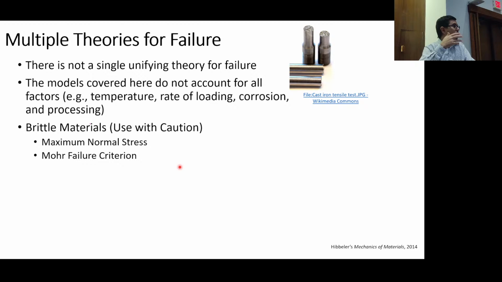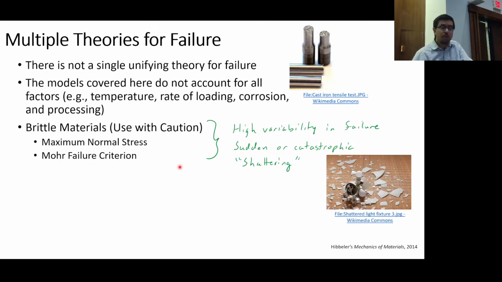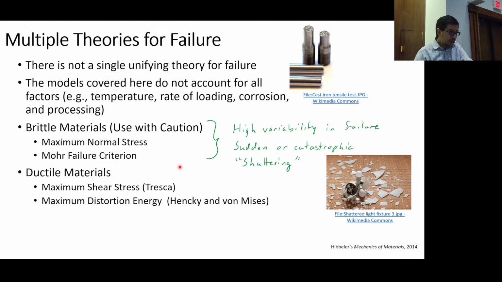So for brittle materials we have criteria, but we should be careful with them. There is much variability, and the resulting behavior can be sudden, catastrophic, and even shattering. That's your example of brittle materials. Nonetheless, we can write very clean exam questions that ask whether something fails by the maximum normal stress criterion, so it doesn't exclude us from that.